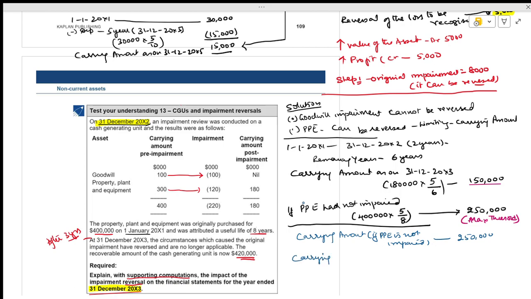Carrying amount if property, plant and equipment is impaired. How much is there? 150. How much is the difference? Okay, I will always write difference. Difference is how much? 100,000. Is it right? Difference is 100,000. This is nothing but gain. Profit and loss account should be credited.